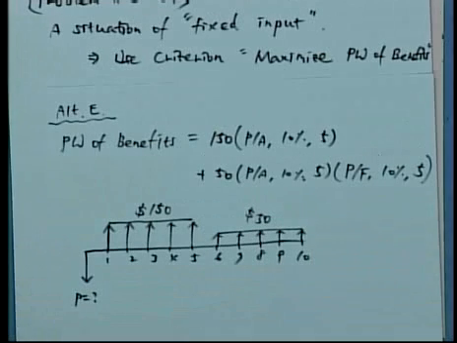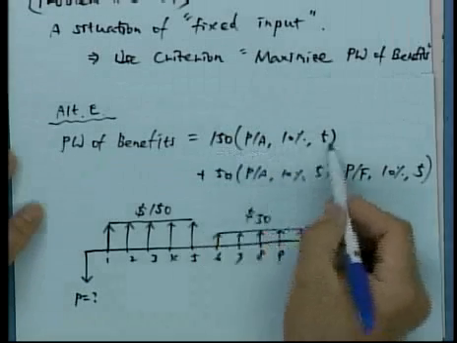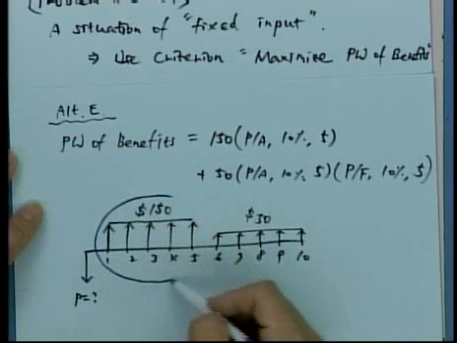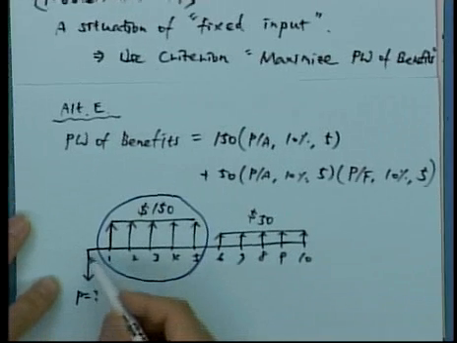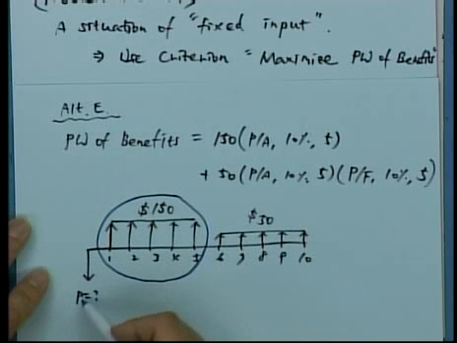Okay. So from here, we convert this to the equivalent present sum of money, P, at the end of period 0.